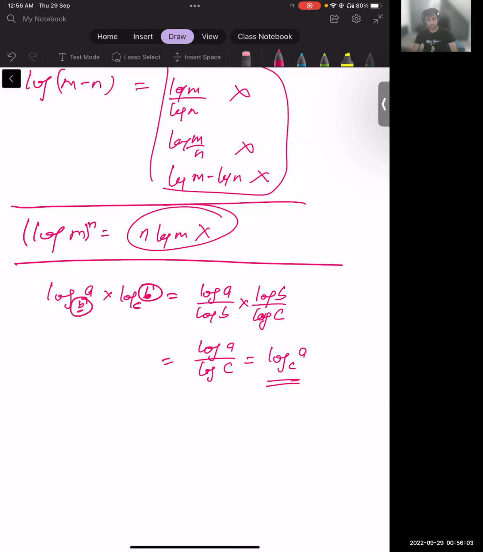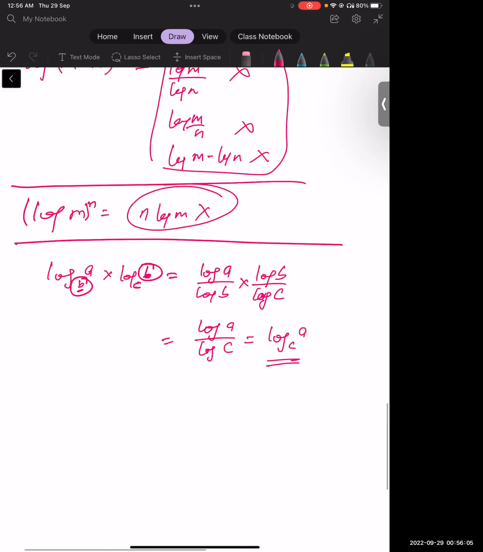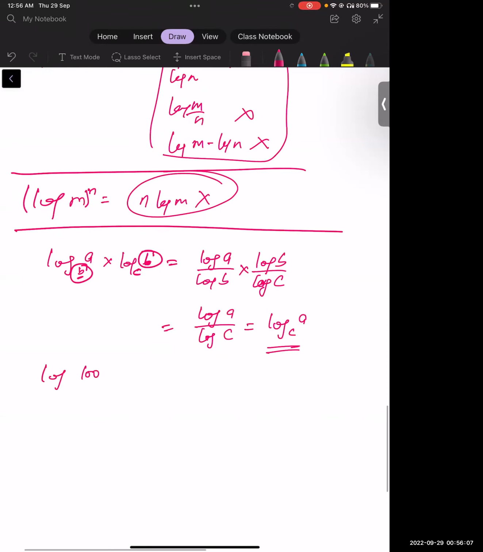Suppose the question is like this. Suppose I'll give you another question. Log 25 to the base 10 and log 10 to the base 5. What will be the answer? Now this is the base and this is the number, so this will be cancelled out.